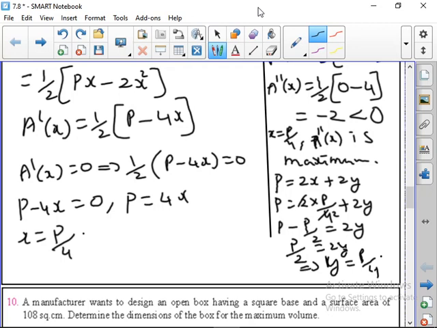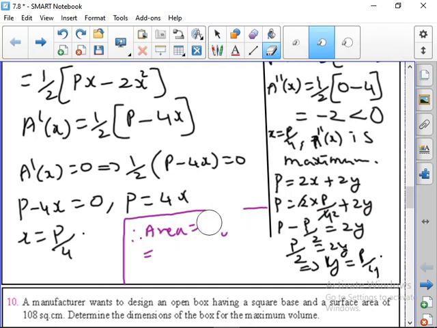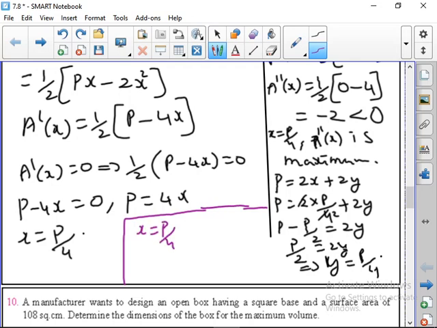Now, both are the same: x is equal to p by 4 and y is equal to p by 4.